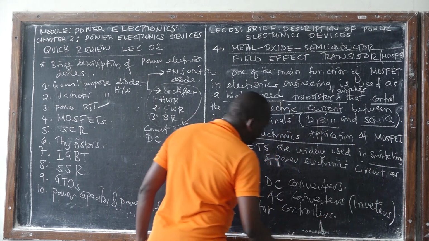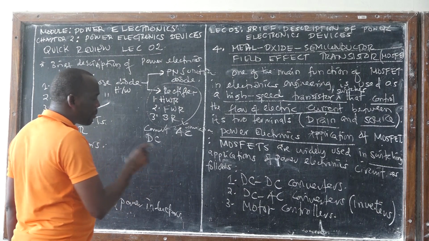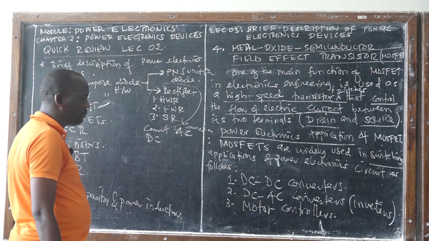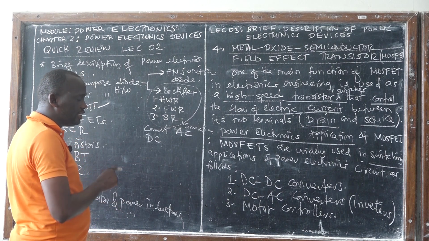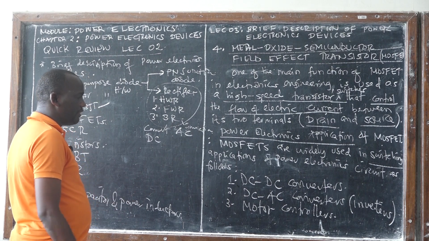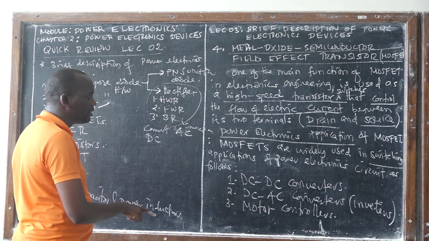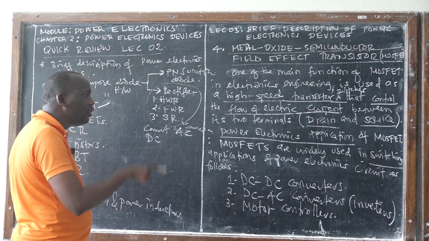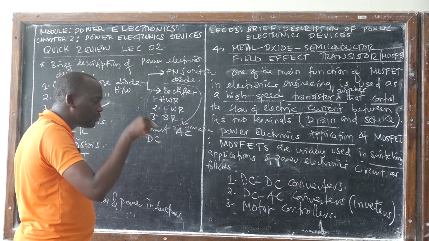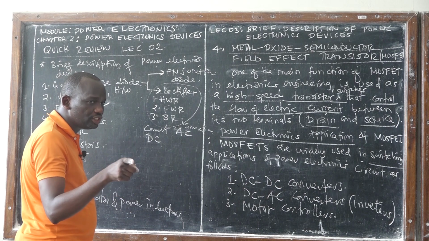And why do we use MOSFETs in these circuits? Within a DC to DC converter system, a DC to AC converter system and motor controllers, there are some parts or subsystems that need high speed of switching of an electrical signal and a special voltage.